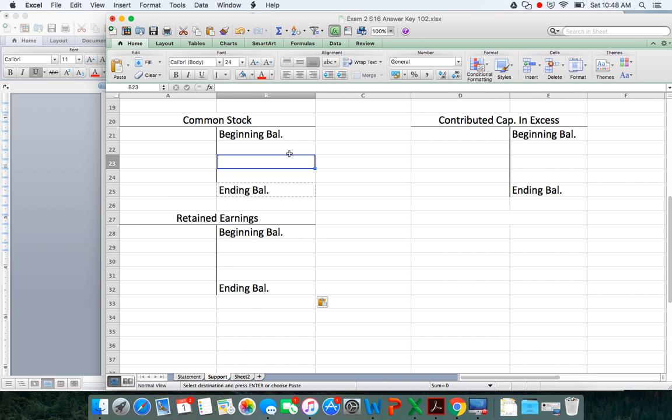Okay, so let me think about common stock here first. The only reason that I've seen common stock increase, the actual account go up, would be if I issued more common stock. So the issuance of common stock is going to make common stock go up.